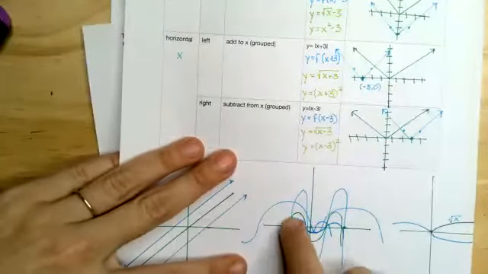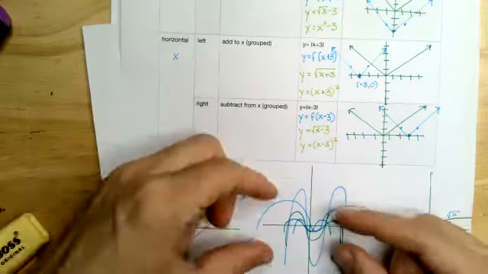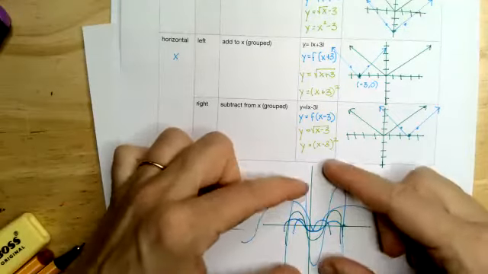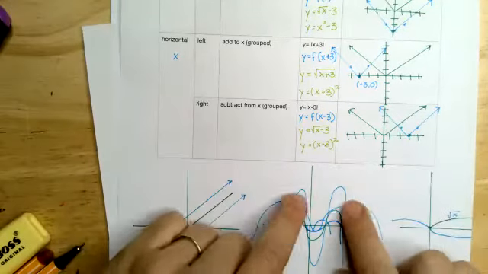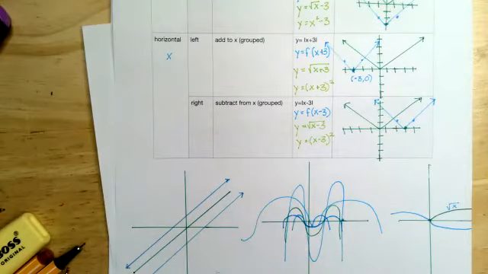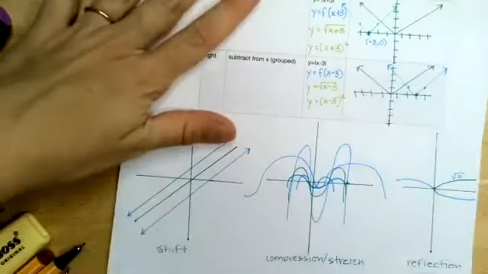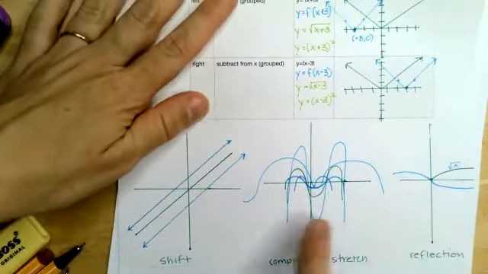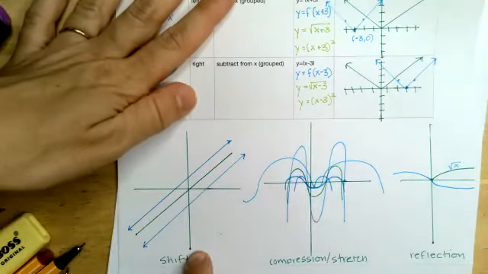So a compression or a stretch, your original was in green. And then we either made it smaller or bigger on Y, or we made it wider on X, or we shrunk it on X. Okay, and we will go over all of those, but basically that's what you'll see. It's either shifting it up, down, left, or right.